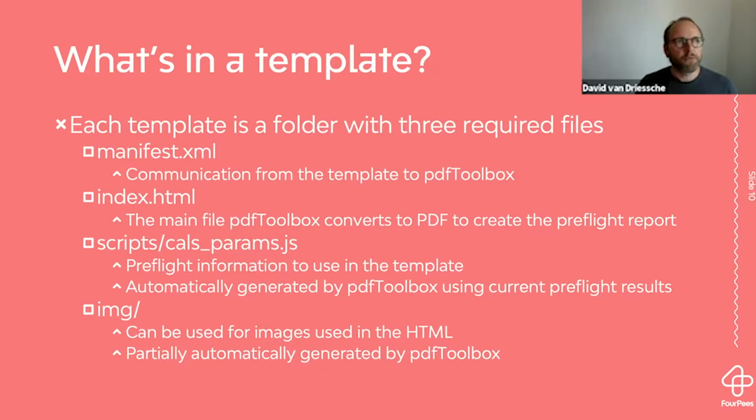And if you just want to make a basic preflight report, and you don't need ink coverage information, for example, because you don't show that in the preflight report anyway, then there is no point in generating it. And this manifest.xml file allows you to state to pdfToolbox which of that more advanced information you're going to need in your template. So it's important.